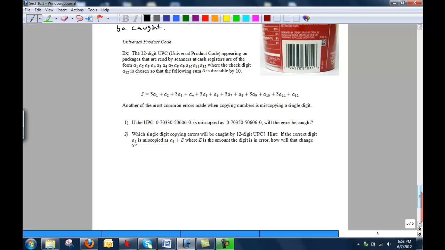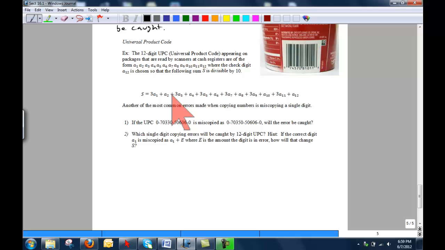Okay, finally let's talk about UPC. These are actually what are on the grocery store packages. How does UPC work? Well, it's a 12-digit code, and so let's label it A1 through A12, and it works very similar to ISBN 13.